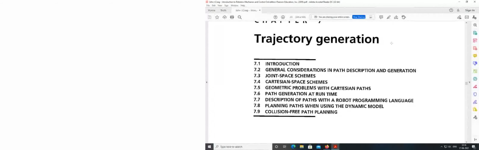Even for that new position and orientation, we do know what should be the joint variable values, right? So I know joint variable values for the initial position as well as for the final position, right?